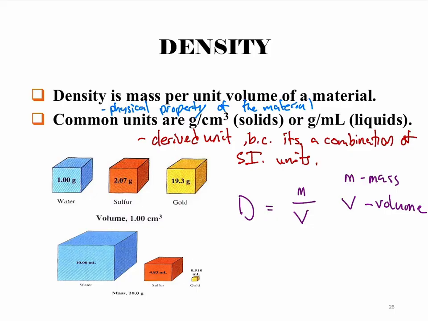If you have half a pound of steel versus half a pound of water, you're gonna need very different amounts of either of those to have the same mass. And if you want them to have the same volume, then they're gonna weigh differently. So if you have a water bottle filled with water versus a water bottle filled with iron filings, they're gonna weigh differently from each other. So density gives us a relationship between these.